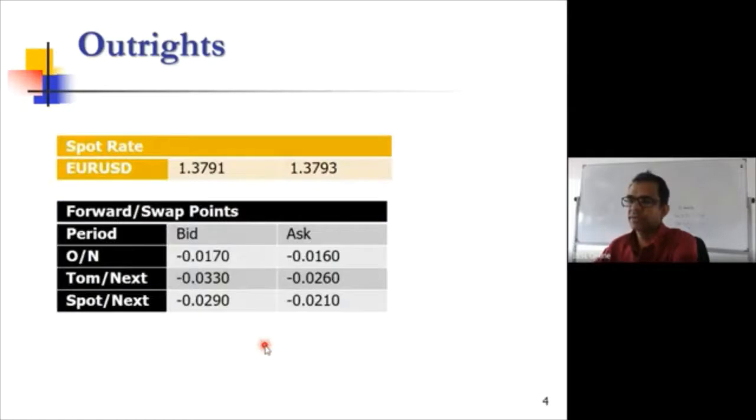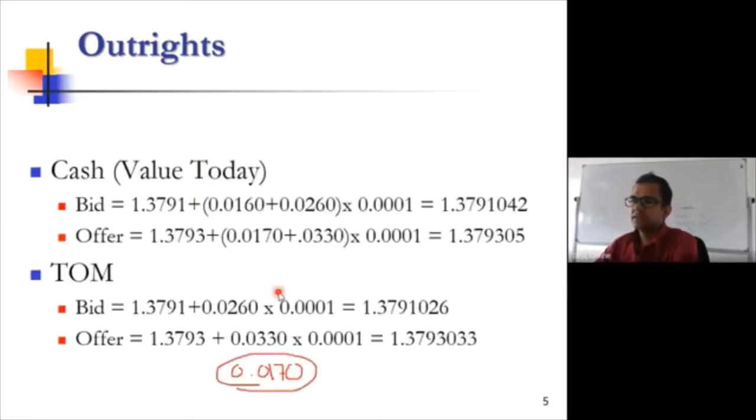If you go back to the previous, TOM next bid is 0.033. So then this should be the answer. Now it's correct.